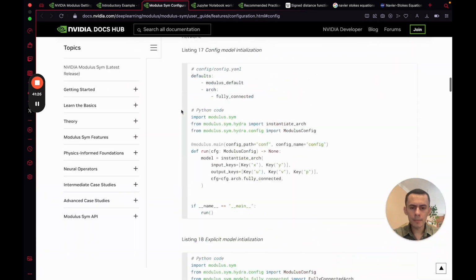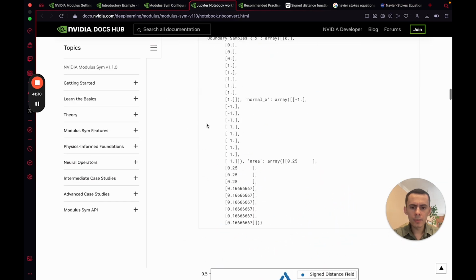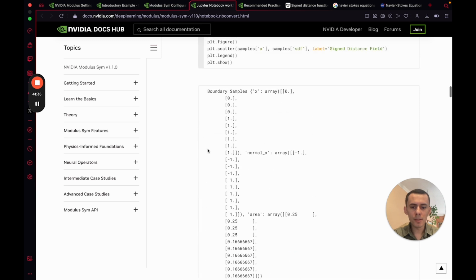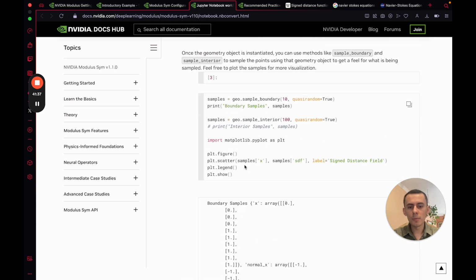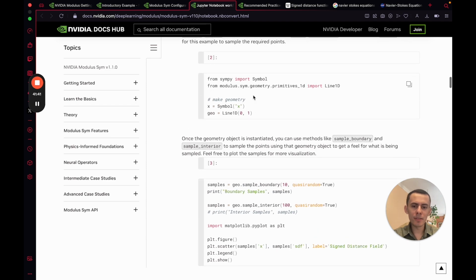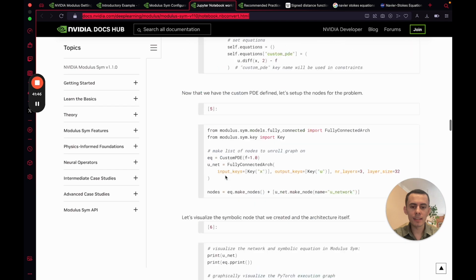There was a way to visualize the geometry. Yeah, they talk about how to visualize the geometry on a Jupyter Notebook. Our geometry is too simple, so we're not going to visualize it, but you can learn about how to visualize that a little bit here.